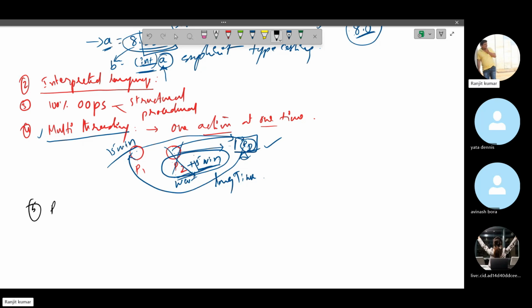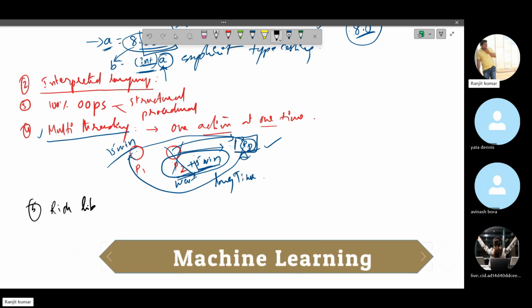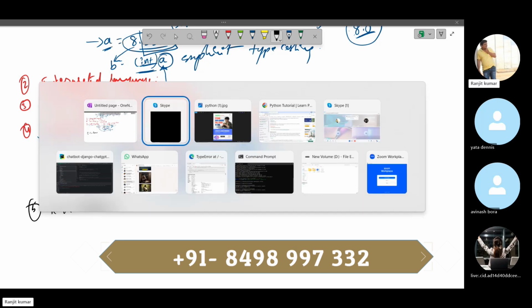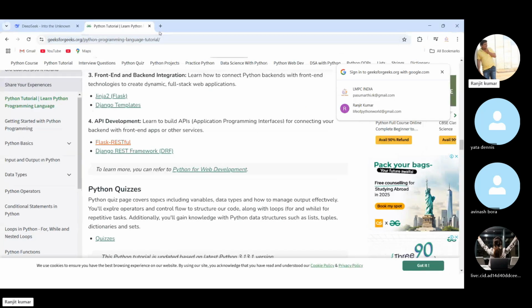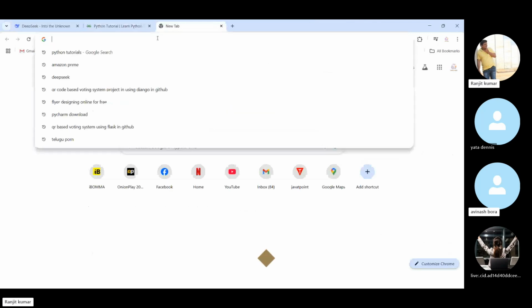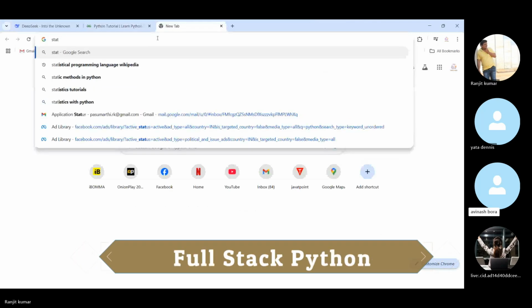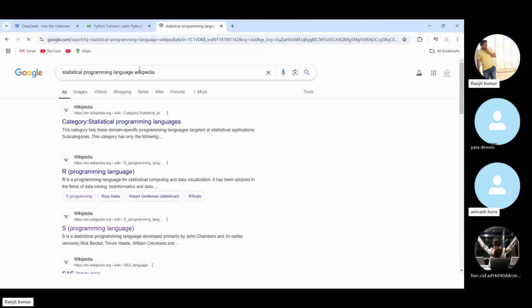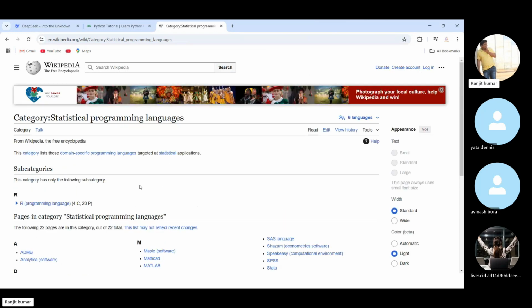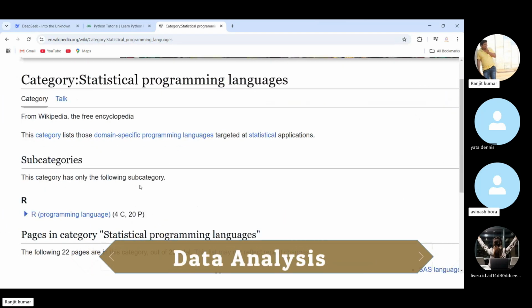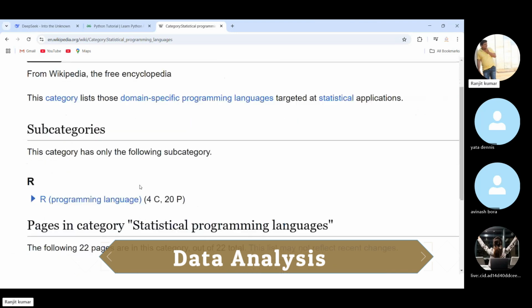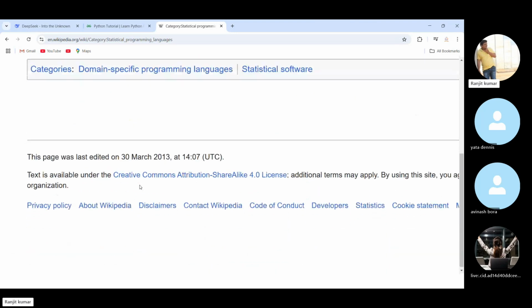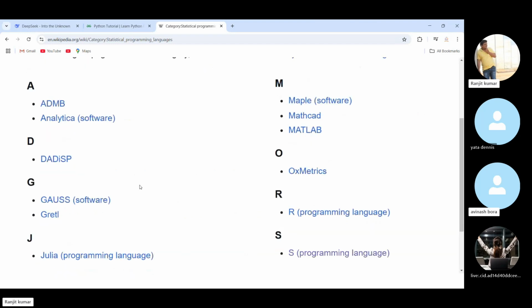Rich libraries. Let me show you a few things about the reporting tools and the statistical tools. Remember, there are statistical programming languages. There are a lot of programming languages available.